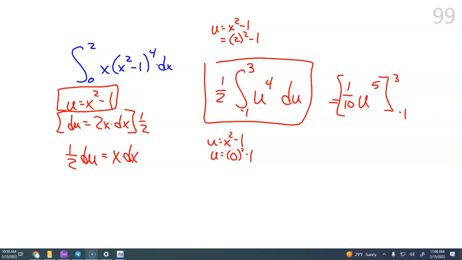Plug in the top minus plug in the bottom, right? So it would be 1/10 times 3 to the 5th minus 1/10 times negative 1 to the 5th. And I don't really care what that is. I just want to show you how to change the numbers. Does that make sense what I did there?